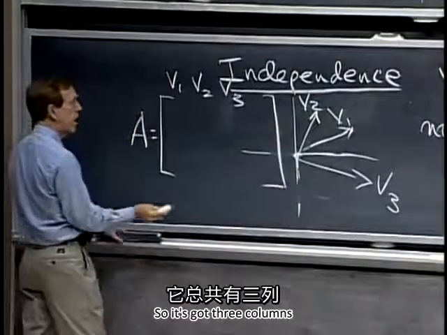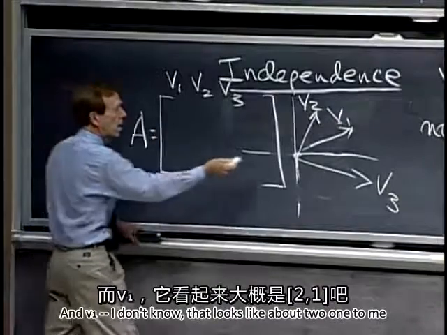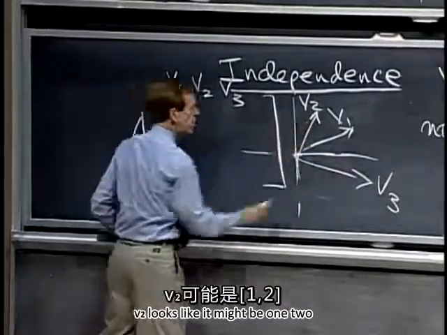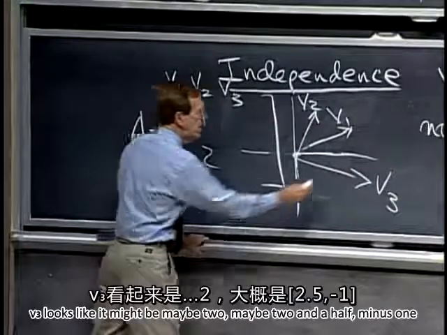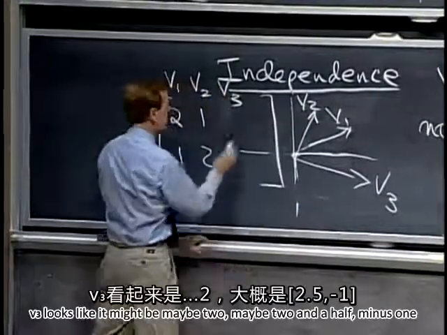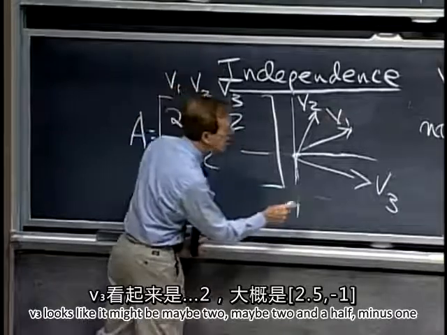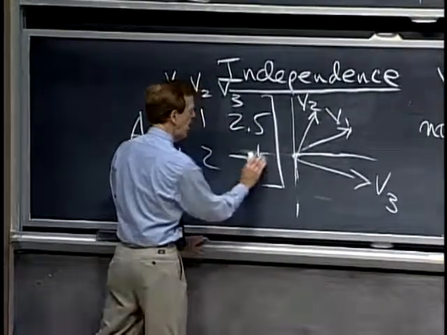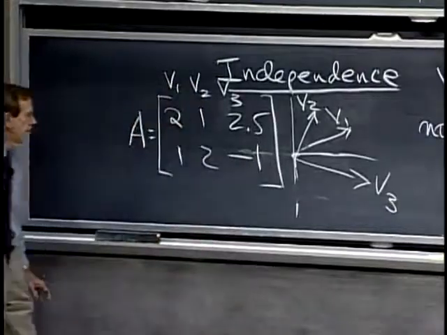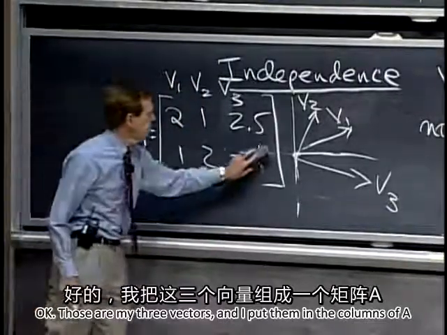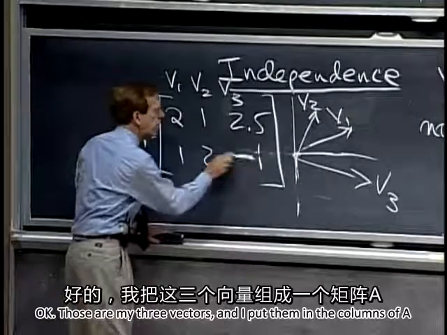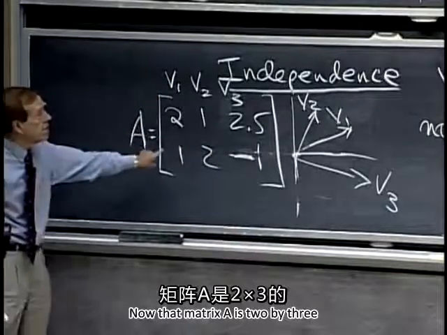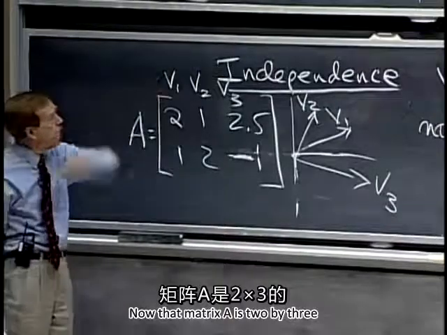So it's got three columns, and v1, I don't know, that looks like about 2, 1 to me. v2 looks like it might be 1, 2. v3 looks like it might be maybe 2, maybe 2.5, minus 1. Okay, those are my three vectors, and I put them in the columns of A. Now, that matrix A is 2 by 3.